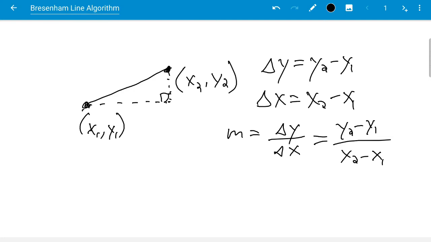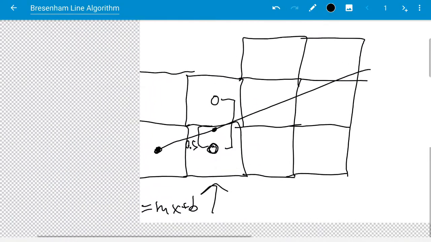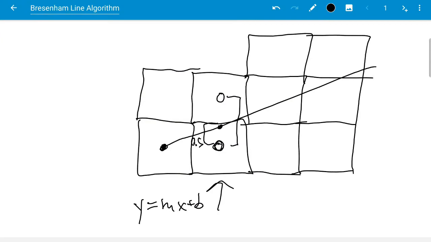Okay, let's get back to that threshold. Again, we could calculate the expected value of our y coordinate from the original line equation, y equals mx plus b, and we could subtract that from our value. We are guessing that we're going to end up at y plus 0.